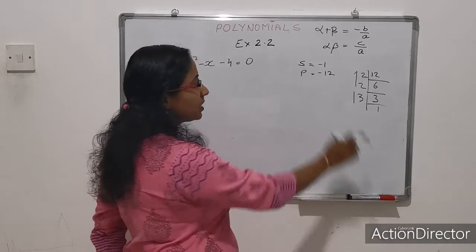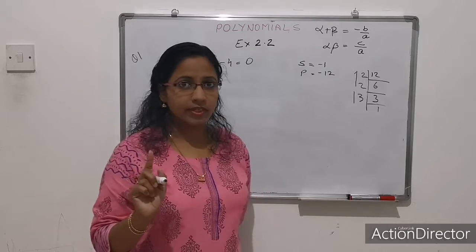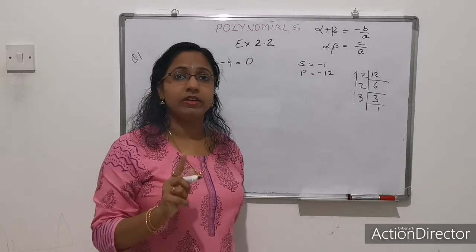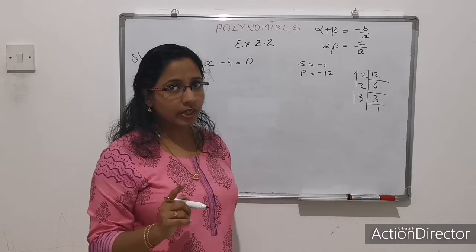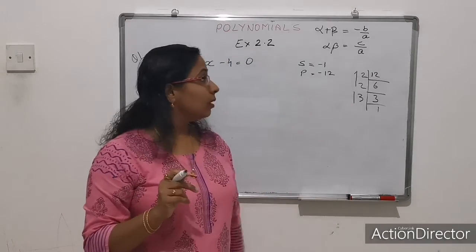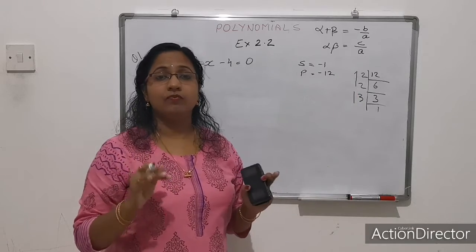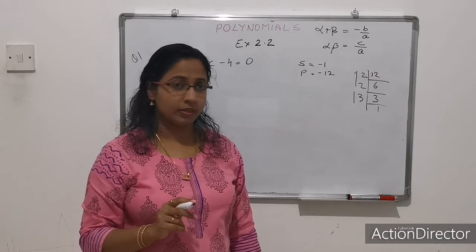Now since product is negative, it means any one number is negative. Clear? Okay. Sum is negative, it means if one of the numbers is negative, the bigger number will be negative. Clear? If sum was positive and product was negative, it means the negative number is the smaller number.